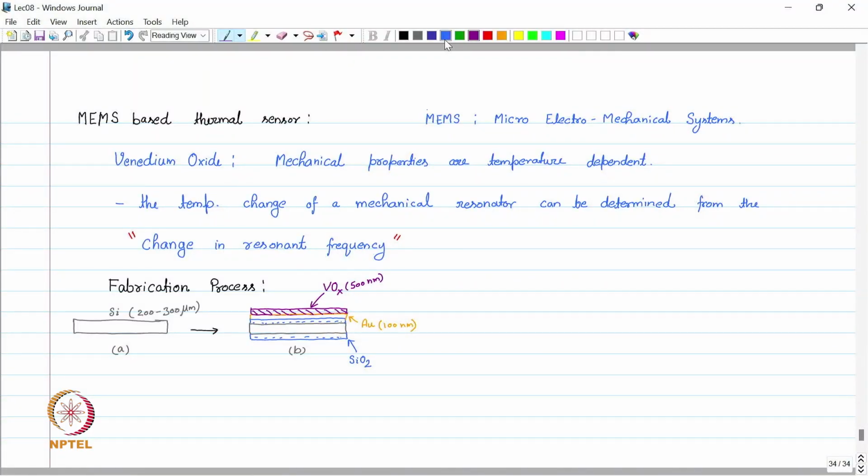Now in the next step, we etch this pattern on top.